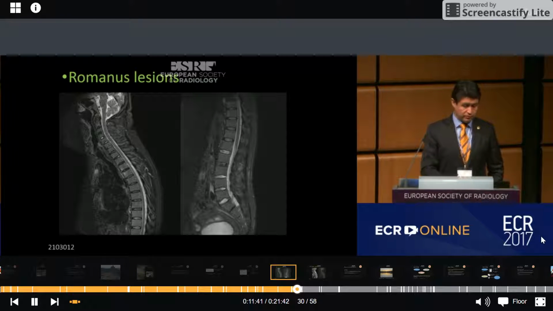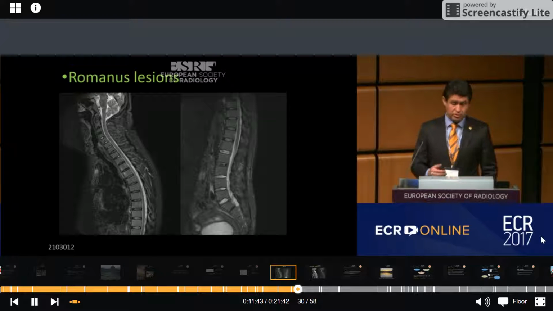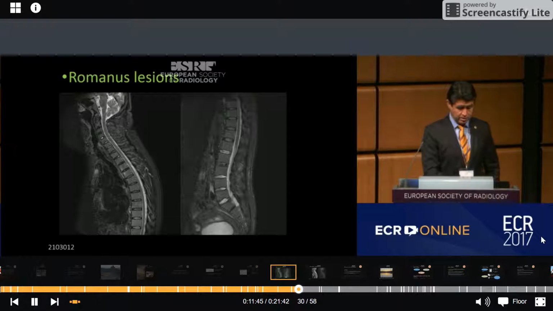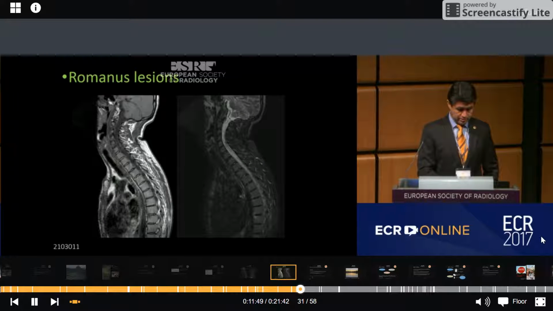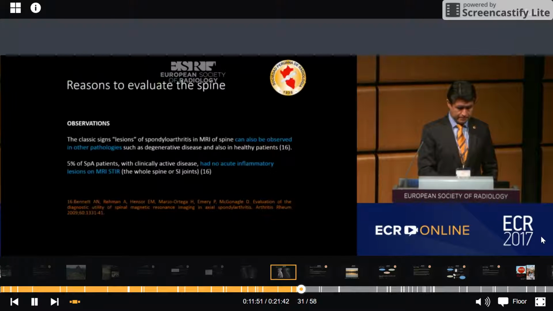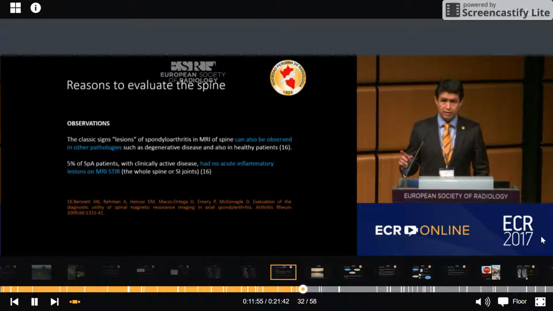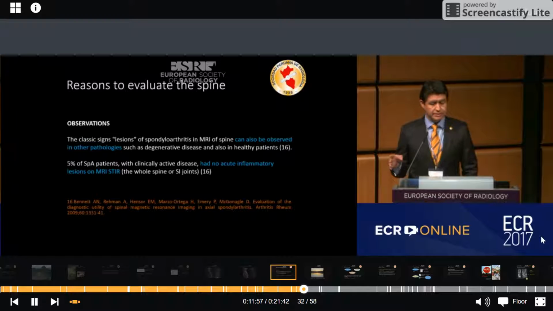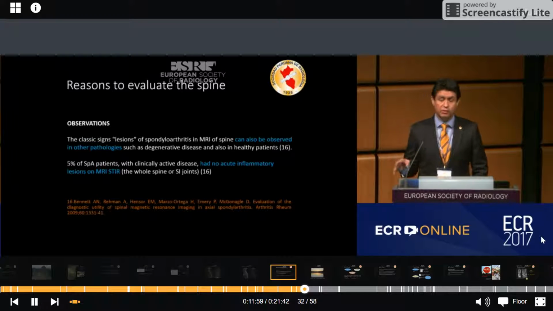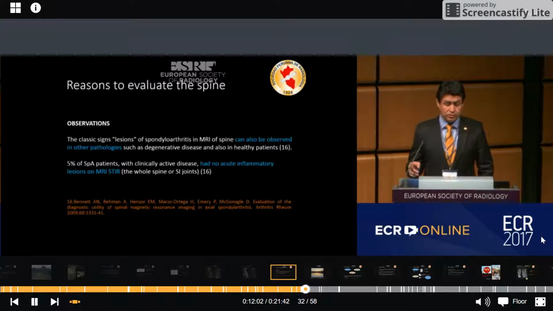What are we looking for? These are the Romanus lesions, hyperintense signal in the corner of the vertebra. Another example. We need to know some observations about this. The classic signs, lesions of spondyloarthritis in MRI of the spine, can also be observed in other pathologies, such as degenerative disease, and also in healthy people.